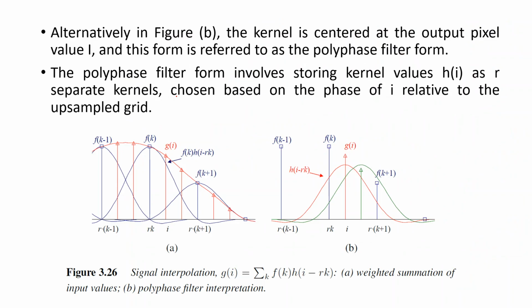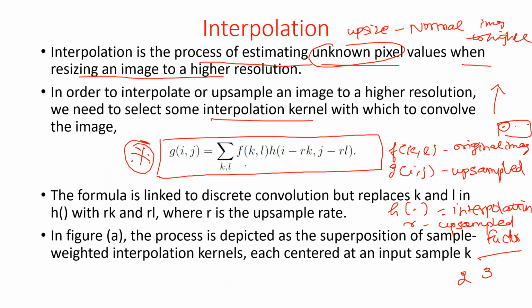Next, we have two figures, figure A and figure B. Figure A represents the weighted summation of the input values, and figure B represents the polyphase filter representation. In A, the input samples are f of k, f of k minus 1, and f of k plus 1. In the previous case we considered f as the input and h as the kernel.